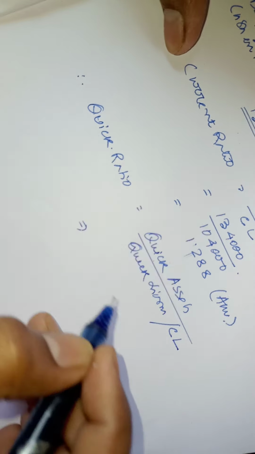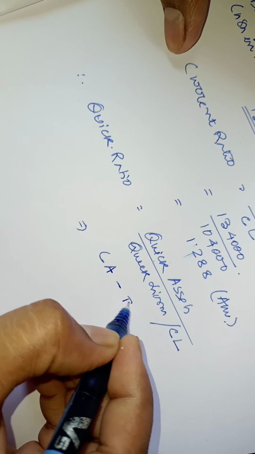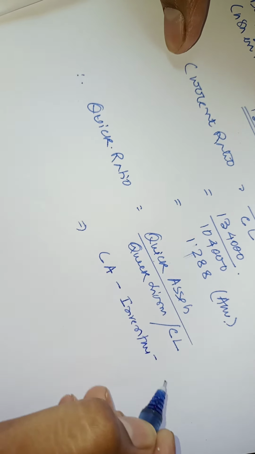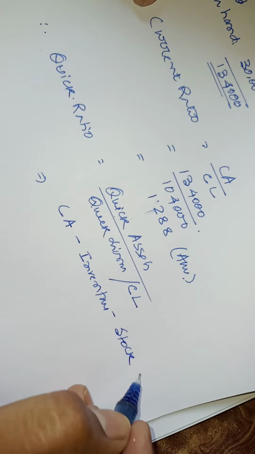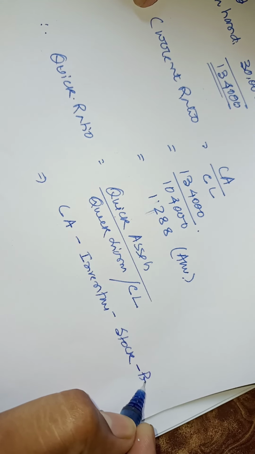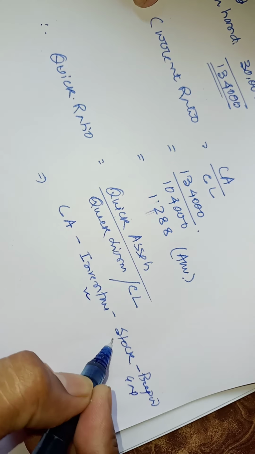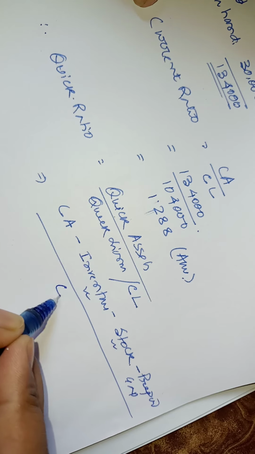So what do you mean by quick assets? Quick assets means current assets minus inventory, minus stock, same matter, minus prepaid expenses. Although inventory or stock is the same thing, divided by current liabilities.